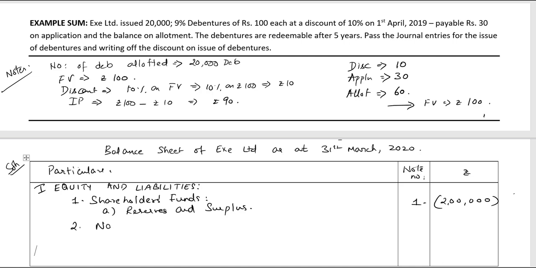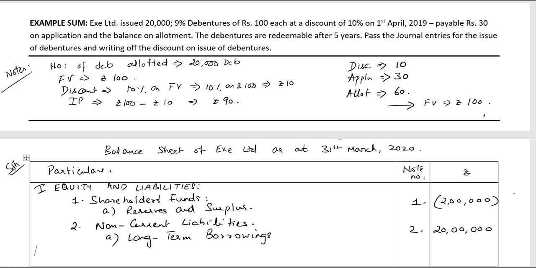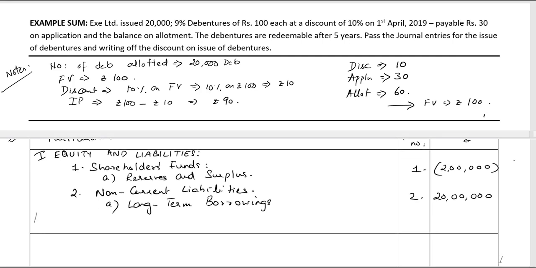Second one is non-current liabilities. A is long-term borrowings. Against note 2, 20 lakh rupees. And the total of the equity and liability part of balance sheet comes up to 18 lakh rupees.